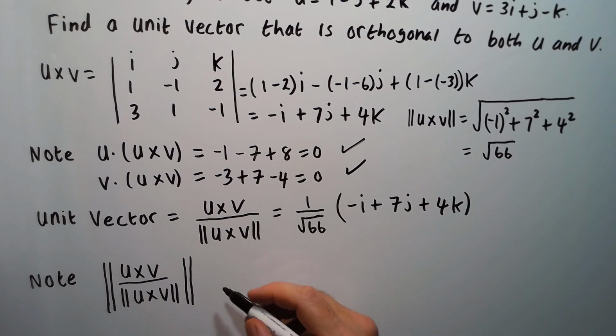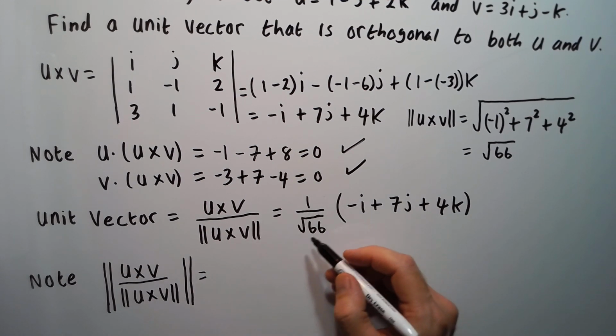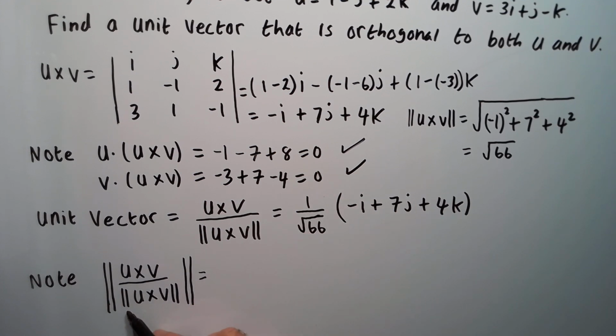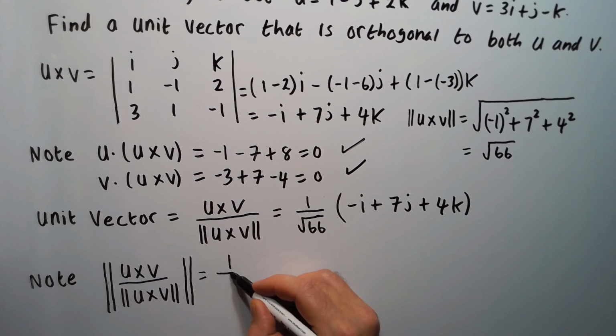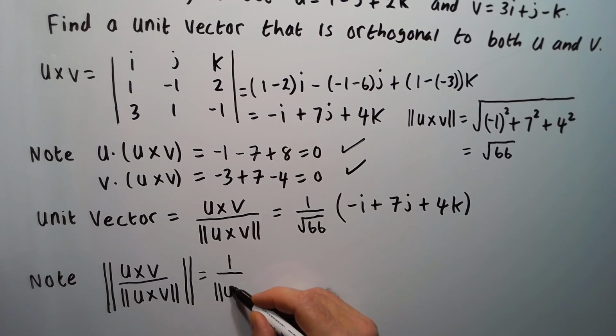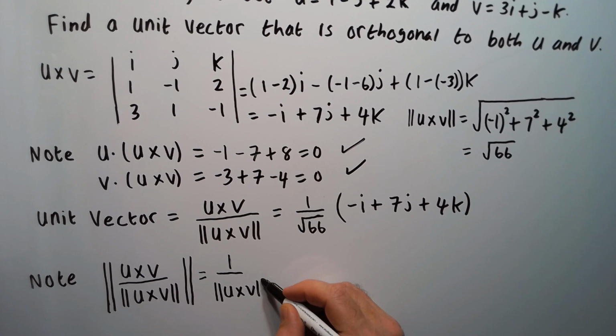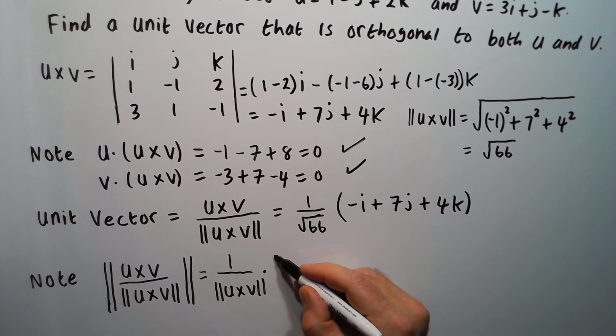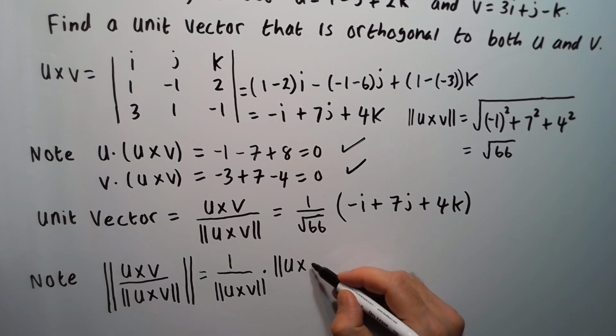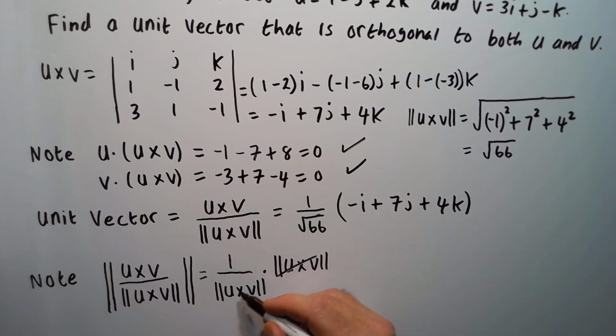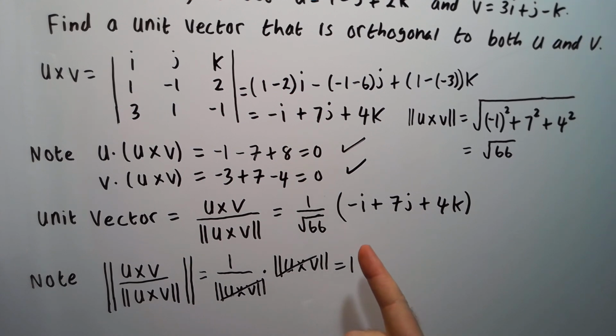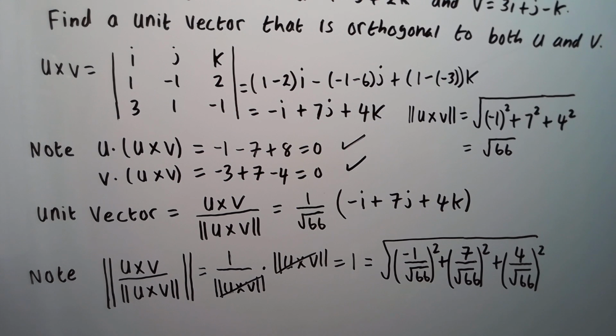In general, the magnitude of u cross v, the scalar, you can pull outside, so it equals the magnitude of this factor times the magnitude of u cross v. Now cross off and you just get 1. We can also prove it for this example so you can see what's going on.